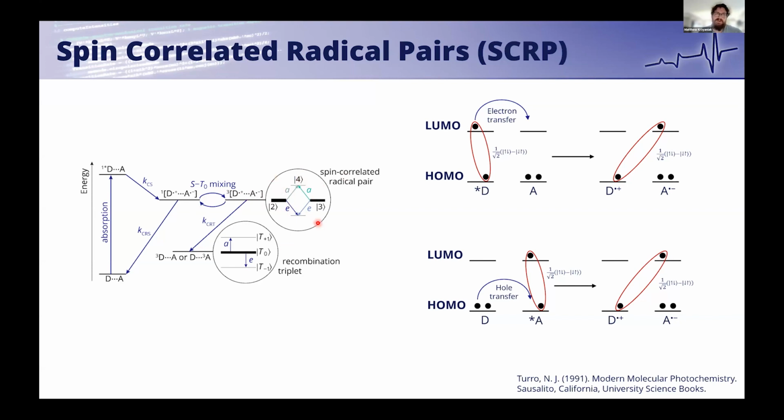This happens in cases where there's a difference in the g values of the two different spins, and also in a weaker coupling regime where the dipolar or the exchange coupling is on the same order of magnitude as the difference in the g values.